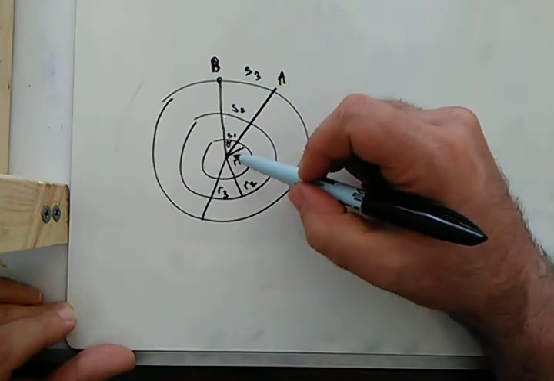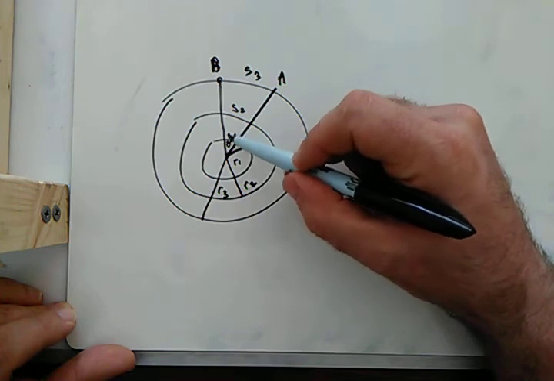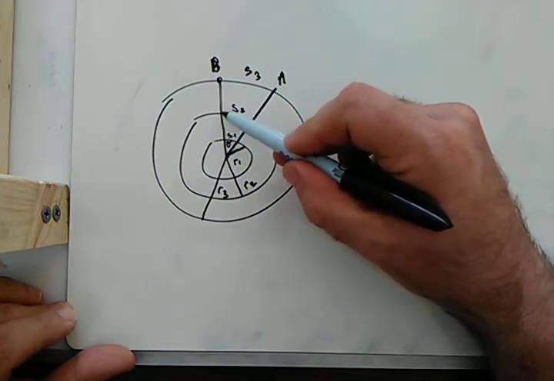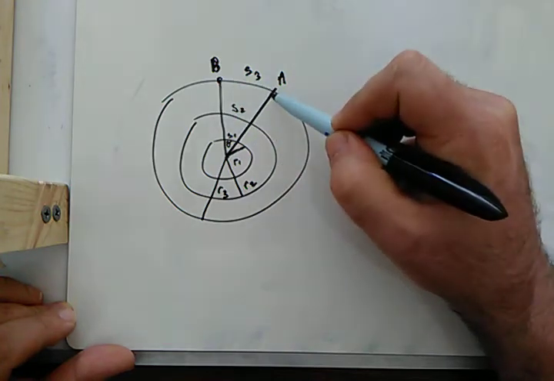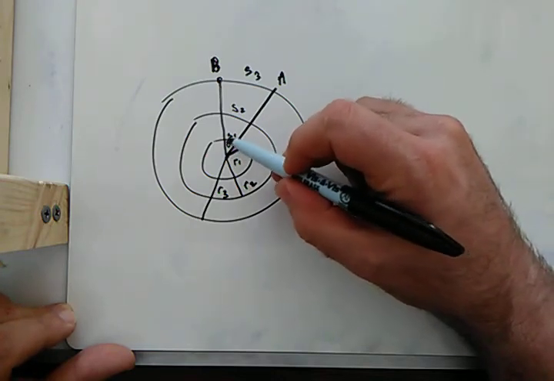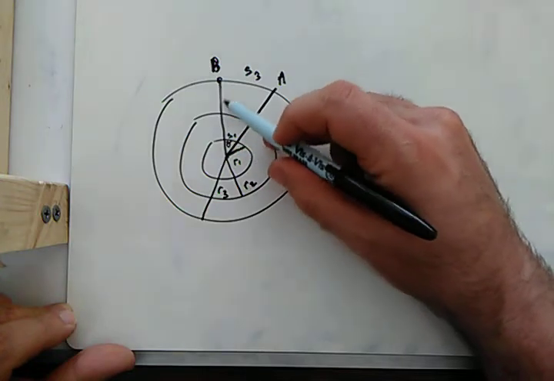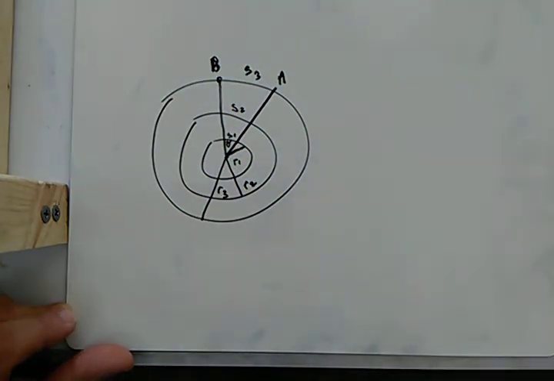Notice that radius 1 has an S1 that's very small, and as the radius increases, the S, or swept distance, increases. As the radius increases, the swept distance increases. That's something very important to look at as we get to some further examples of torque.